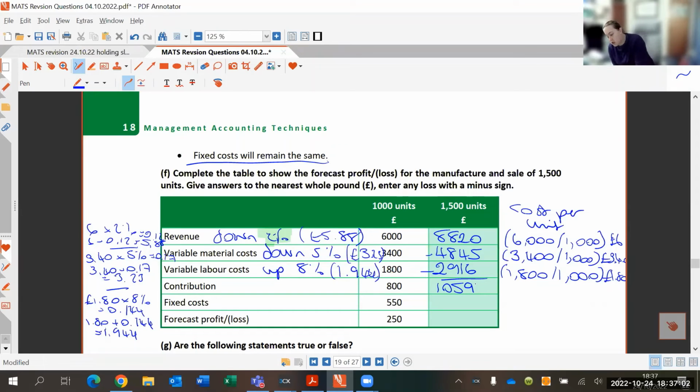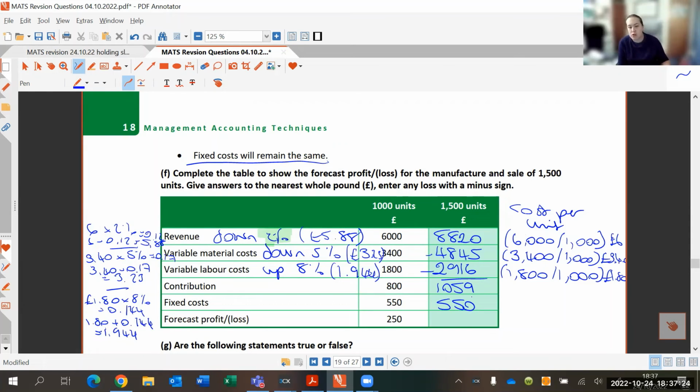We've then got our fixed costs. The clue is in the name. They are fixed. They will not change. So you don't need to do any kind of dividing by 1,000 and times up. It's a fixed cost. Don't fall into that trap. It stays at 550 regardless of whether we produce 1 unit or 20,000.